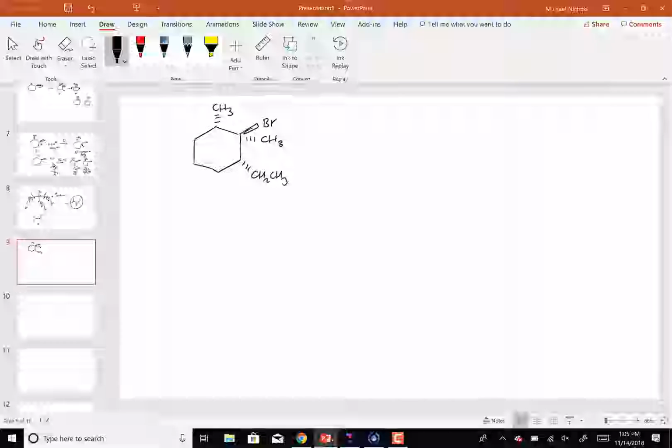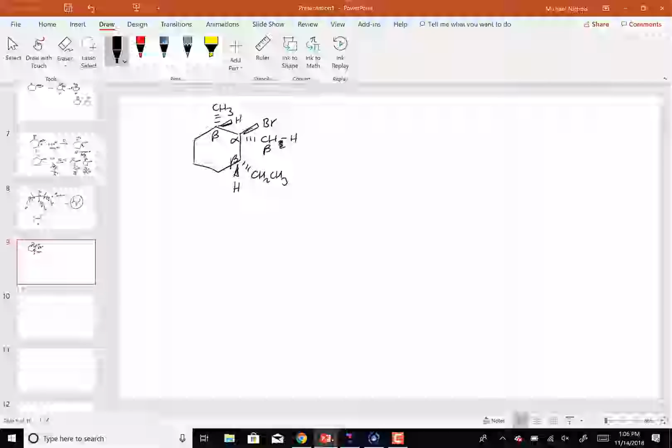Determine the alpha and the beta carbons, and there's three beta carbons. Then determine whether the hydrogens can be removed if this was E2. This hydrogen here would have to be bold. It's CH3. That hydrogen could be removed, and the hydrogen on the bottom beta carbon cannot be removed in E2.